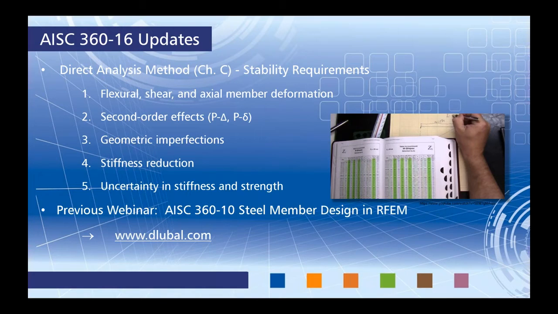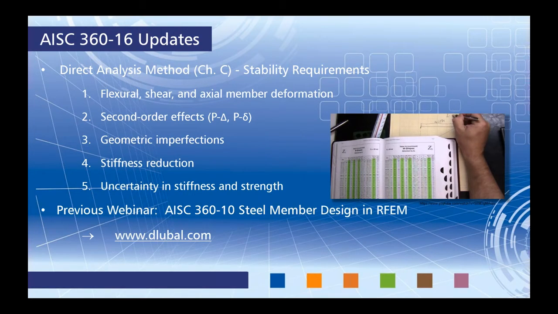For the sake of time today, we just don't have enough time to go through each one of these. But what I will say is that most of these didn't change. We'll go over what did change. But I previously did a webinar on AISC 360-2010 steel member design in RFEM, with a recorded webinar available on our website and on our YouTube channel.